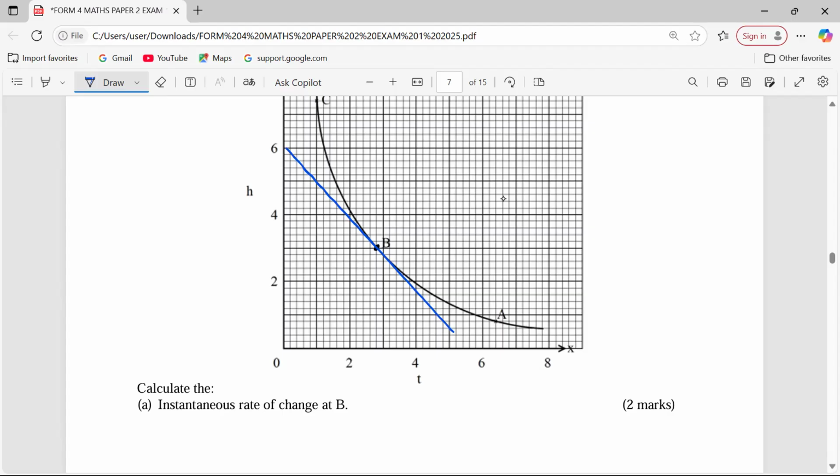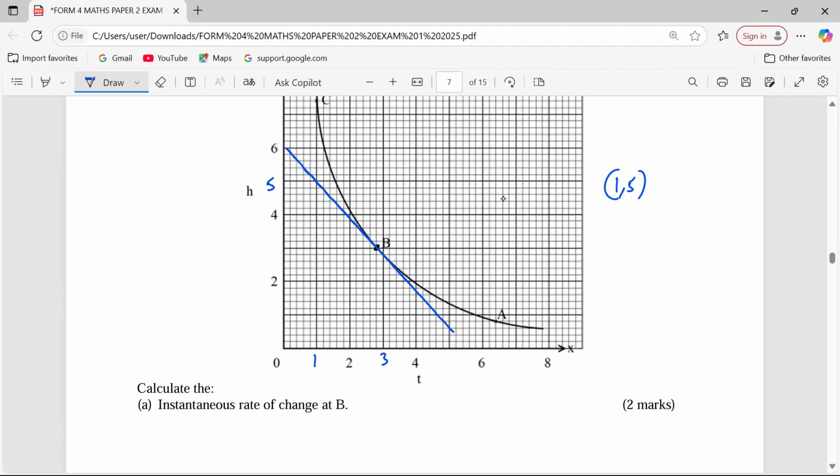So with this now, we can pick any two coordinates along this tangent, and any two coordinates can be 1, 5, and also we can have another one, let me check another coordinate at B itself. This is 3.